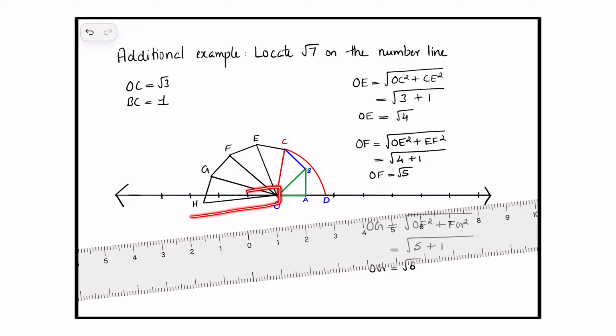OH will be the root 7 that we want. How do we locate it on the number line? We take a compass, we put the pointed head here, and we take the pencil at this point, and then we just rotate it. You will get the value.